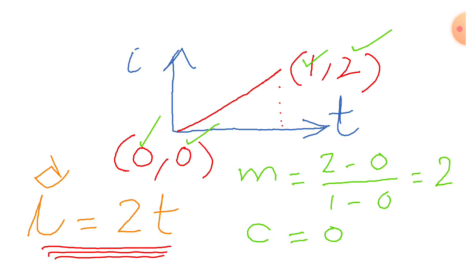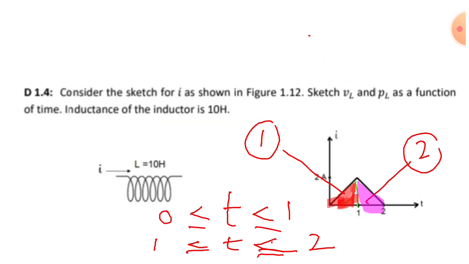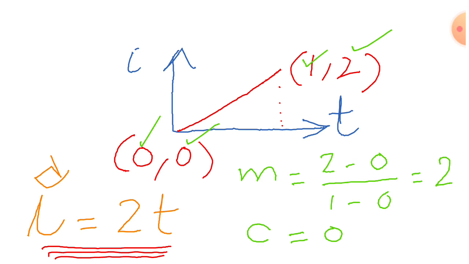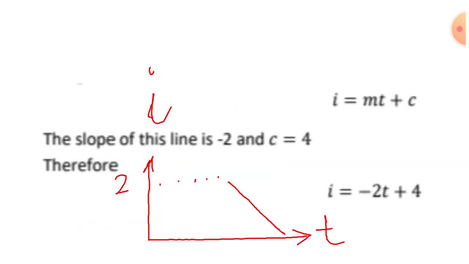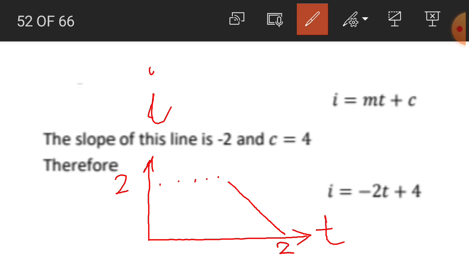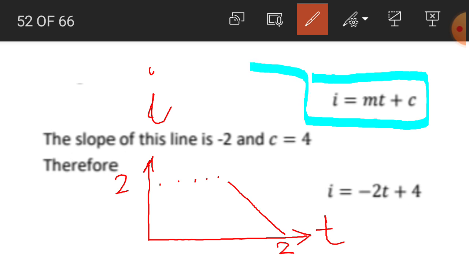let me consider the time. Okay, the time is 2 over here, right? So the time is 2 at this particular point. Now this is a straight line which does not pass through the origin, and the equation of the straight line which does not pass through the origin is given over here, which is mt plus c, where m is known as the slope of the line and c is known as y-intercept.